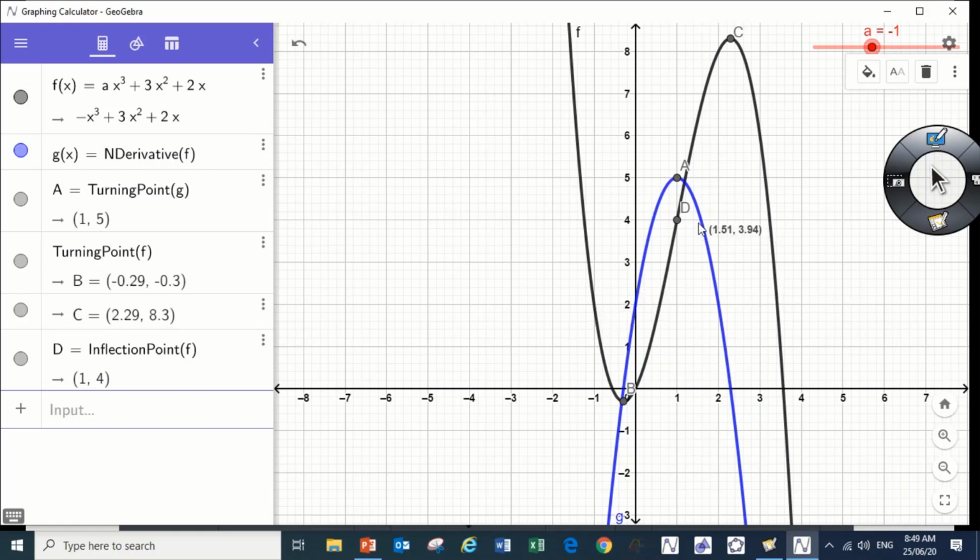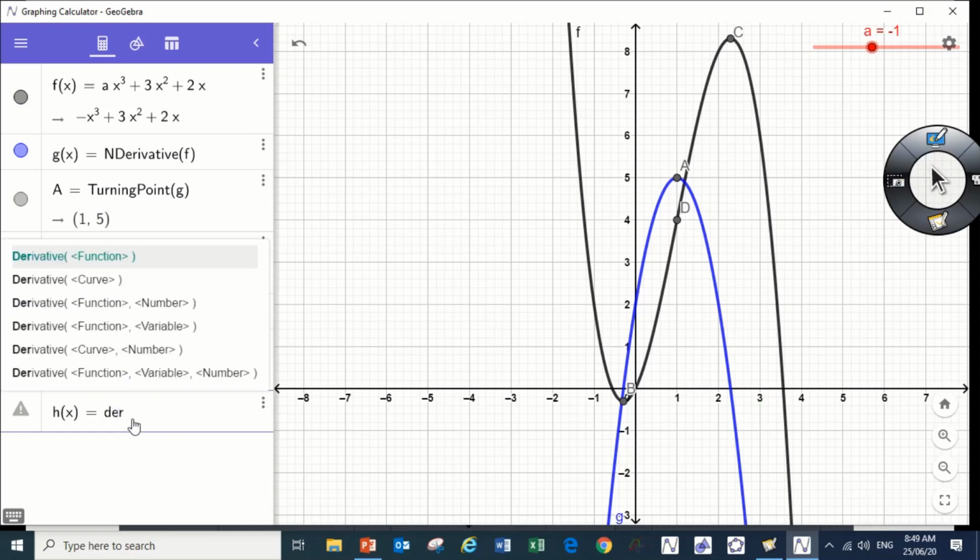All right, let's add the second derivative now. My second derivative, I'm going to call it h of x. H of x, that will be the derivative.